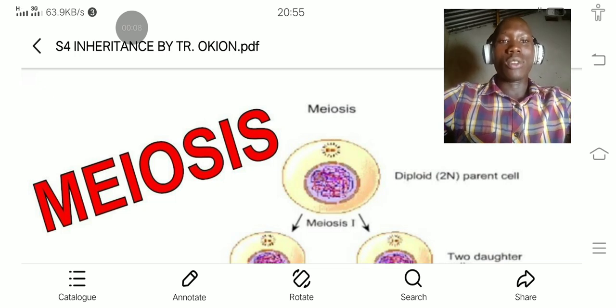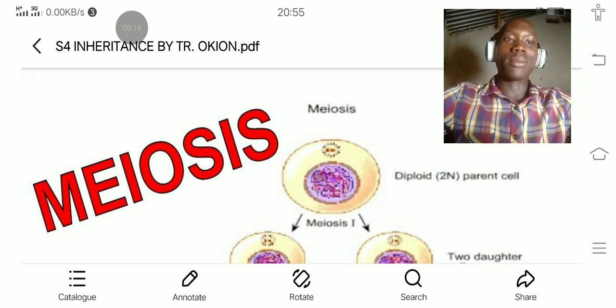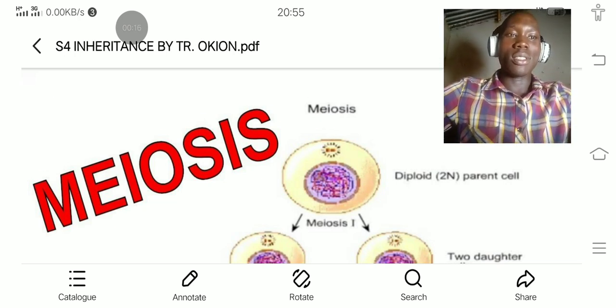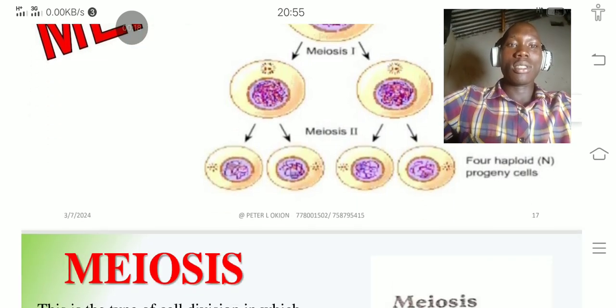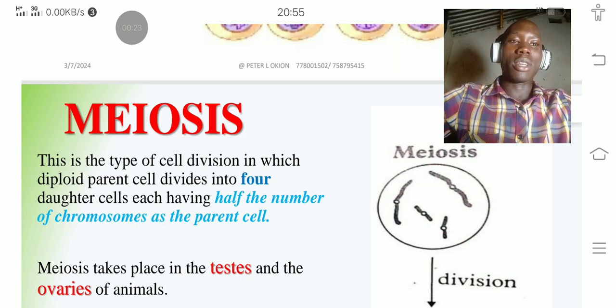Having looked at mitosis, I want us to conclude this process of cell division by looking at meiosis. In simple terms, meiosis is a type of cell division in which the diploid parent cell divides into 4 daughter cells, each having half the number of chromosomes as the parent.